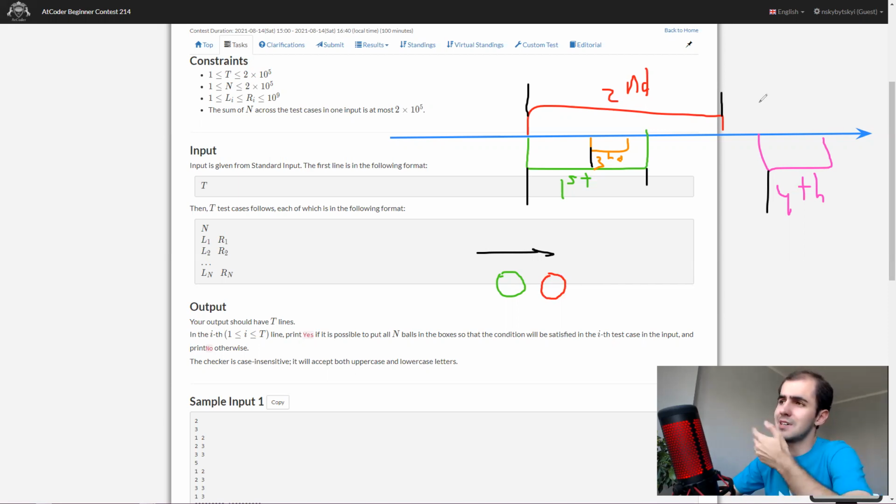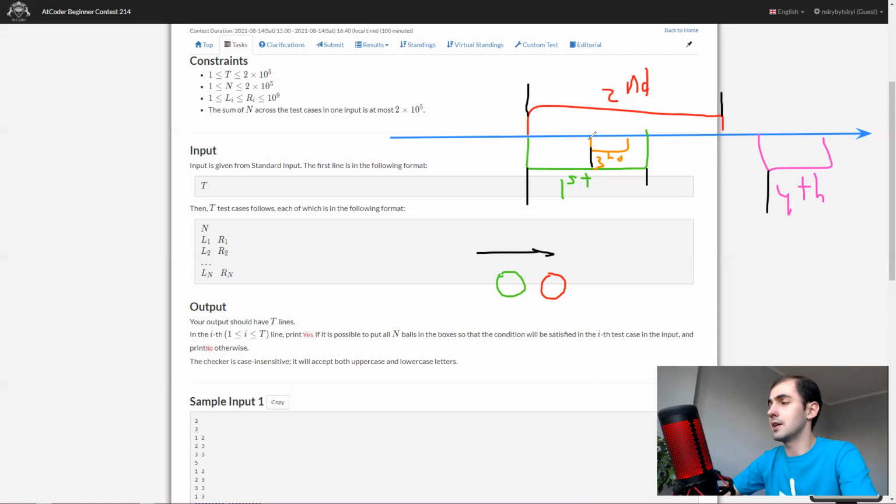So what's the point of placing red down first if it's less strict about the range that it wants to go in? Let's just place the green one down and then take care of the red one later. Makes a lot of sense. And you can actually prove that that's the optimal strategy. You just want to place whatever ends first.